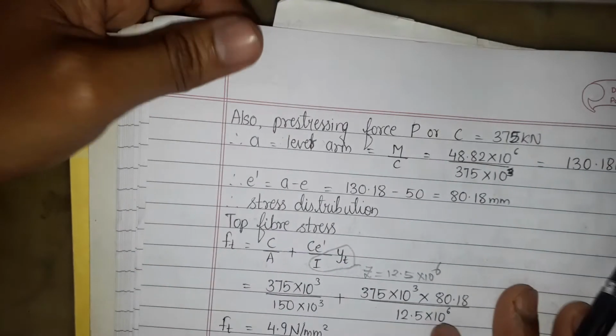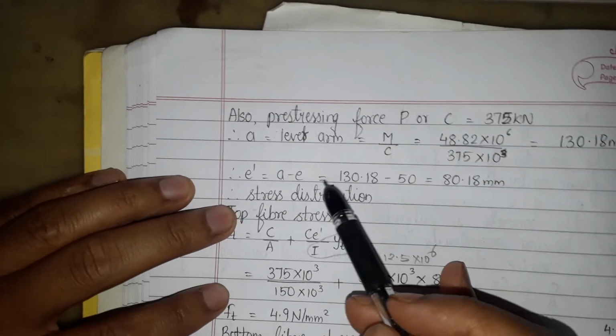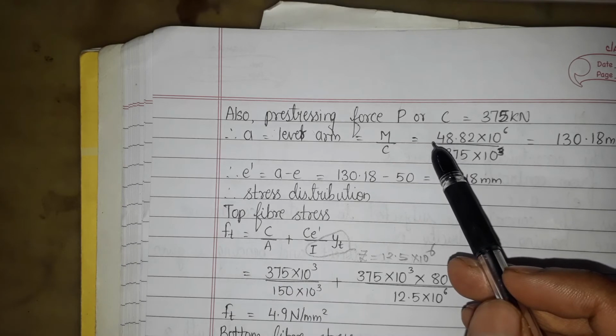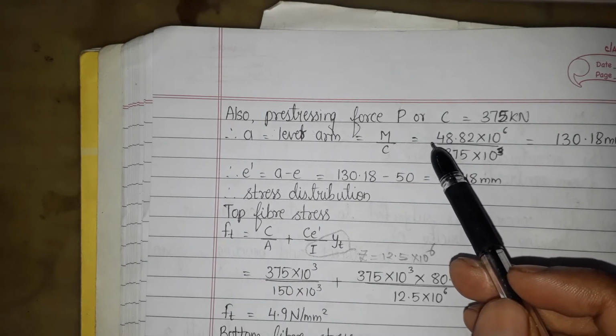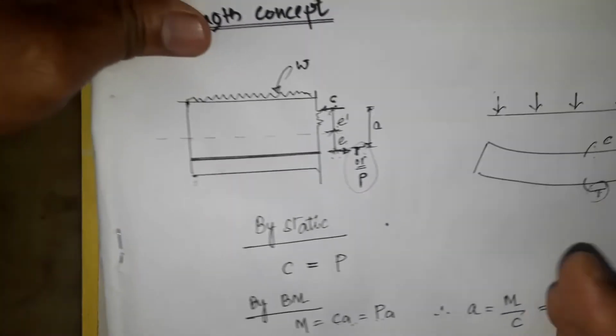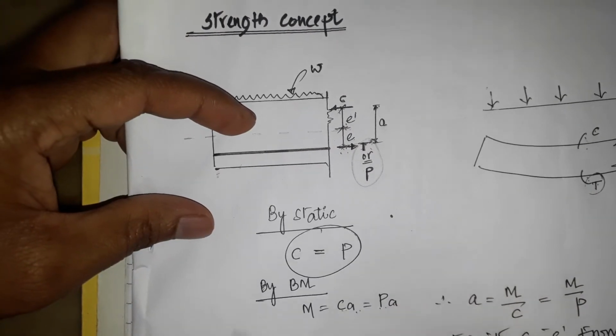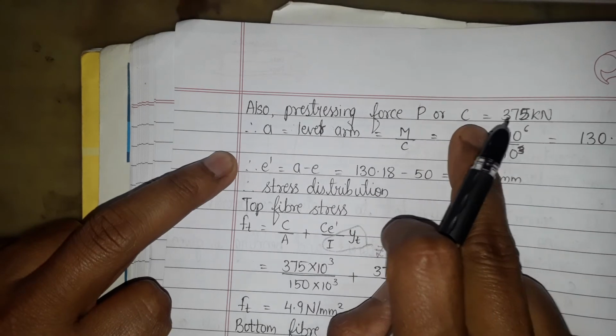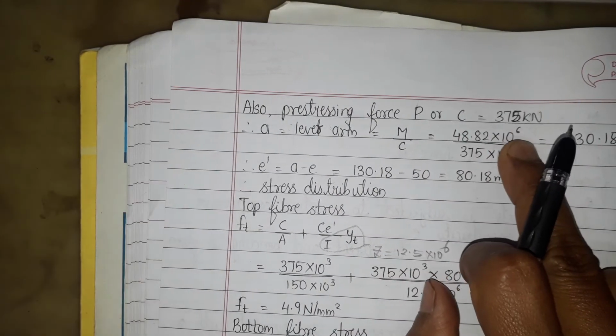Also it is given that the pre-stressing force P or C, because P is equal to C. As I told you, by statics P should be equal to C. Therefore the pre-stressing force P or C is given as 375 kilonewton.